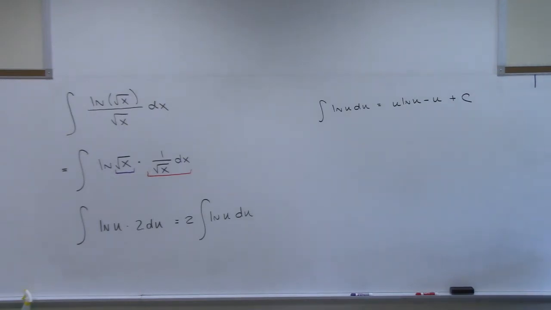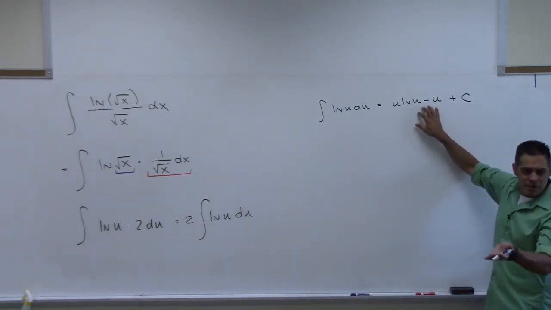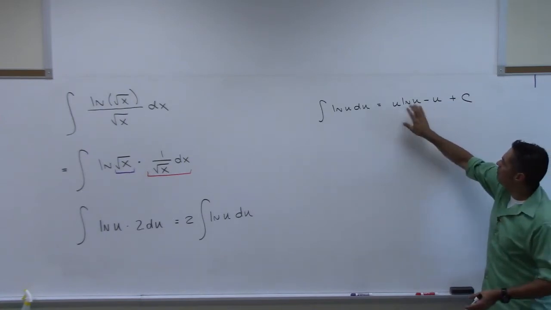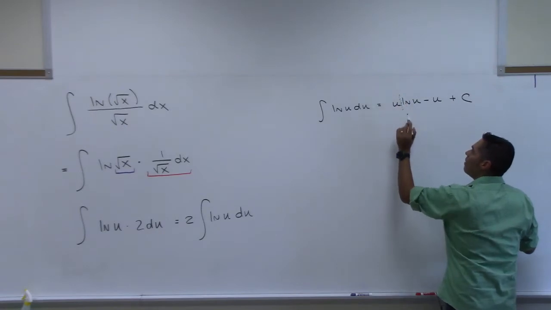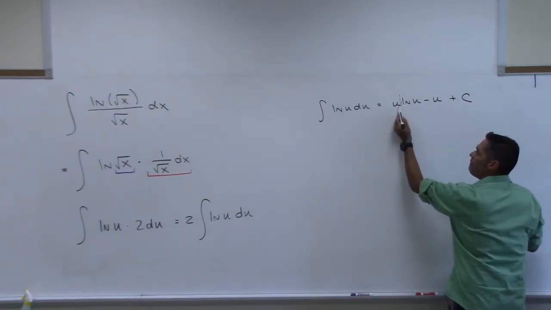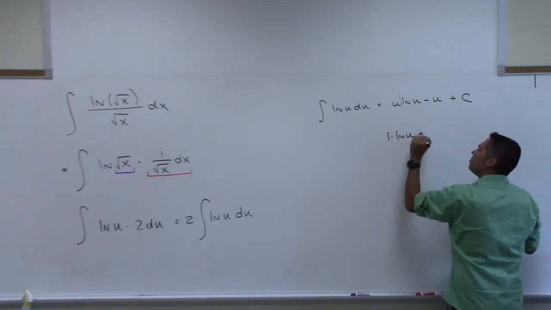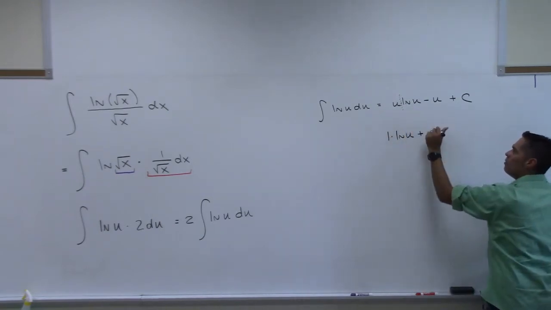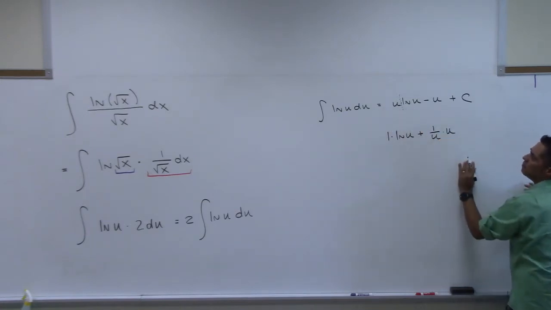Do you believe that that's the antiderivative? Could you check it? How could you check it? Take the derivative. So let's take the derivative of this. Now just remember, u is like x, right? So how would I take the derivative of this piece right here? Product rule. So if I did product rule right here, I have the derivative of this, which would be 1 times this, plus the derivative of natural log of u, 1 over u times u, right?